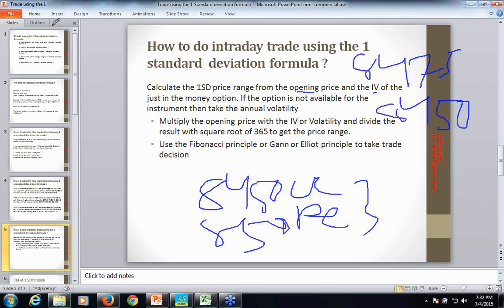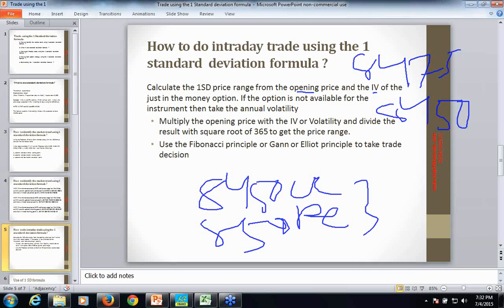It is not statistically derived. The majority of traders sense the market and decide how much volatility to give that particular instrument today. That is much more accurate compared to your statistical volatility calculation.